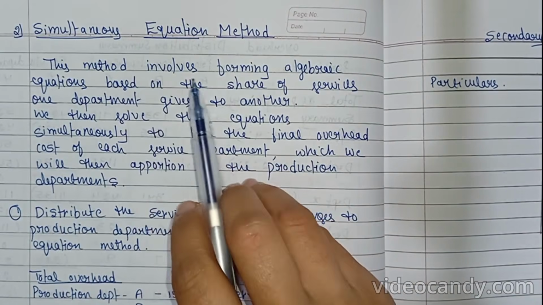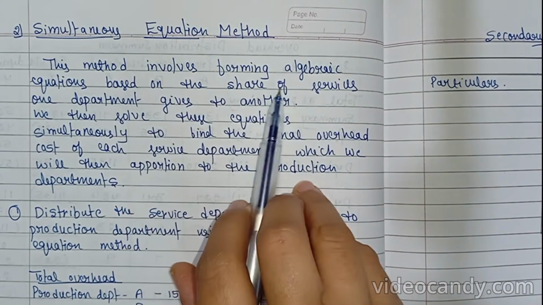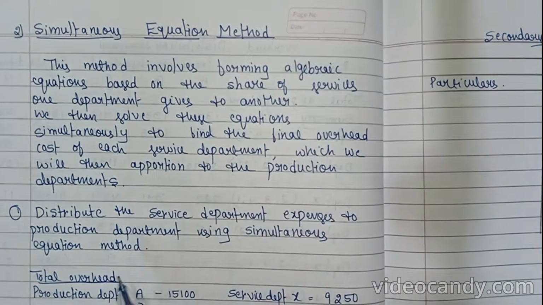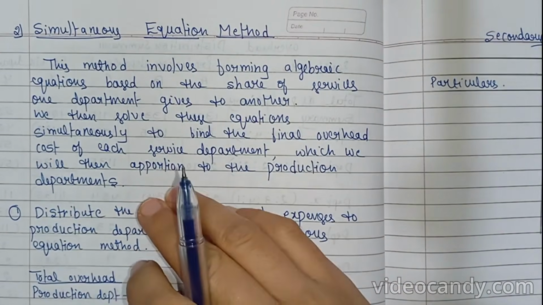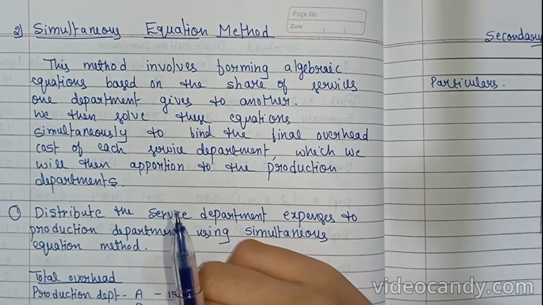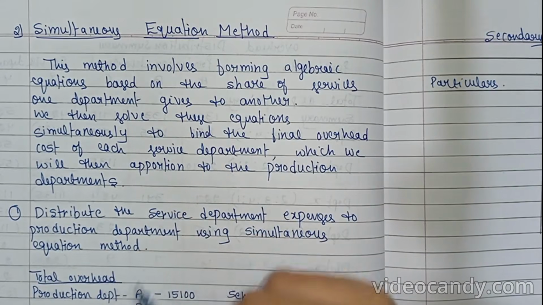This method involves forming algebraic equations based on the share of services one department gives to another. We need to set up the equations based on the share of services one department gives to another.